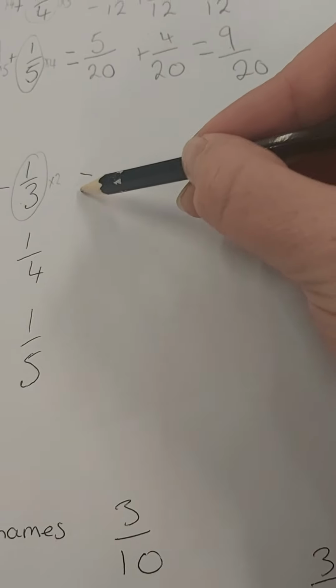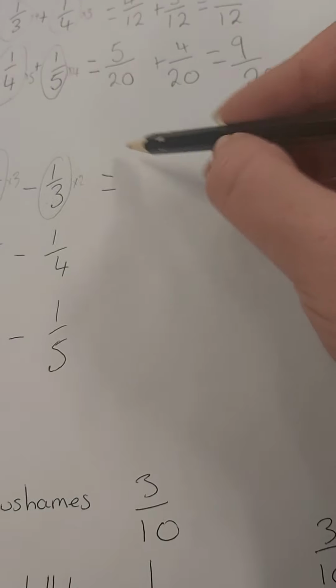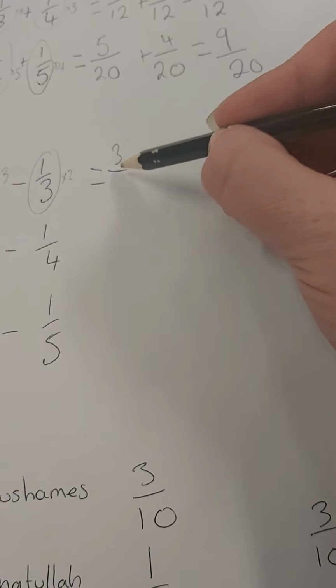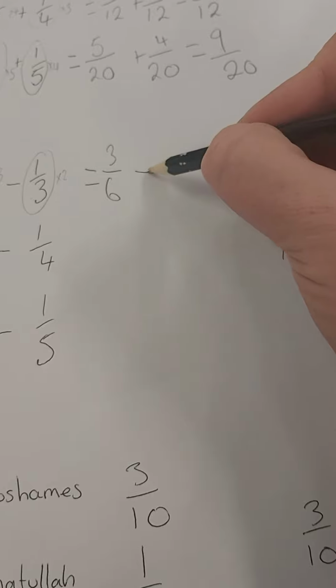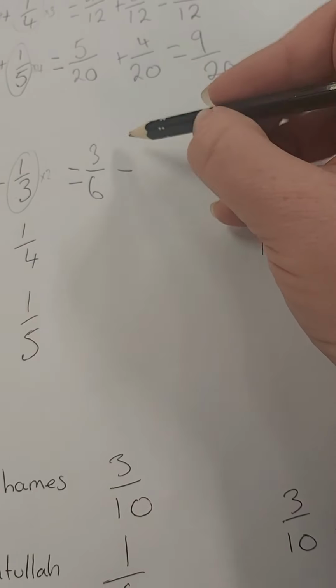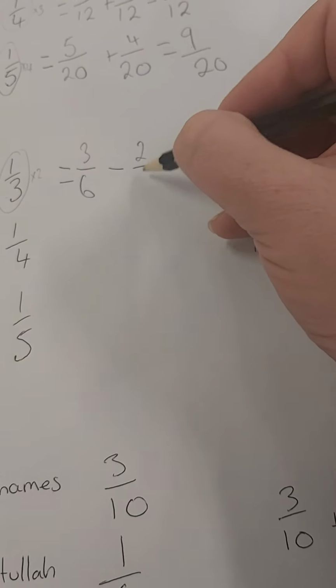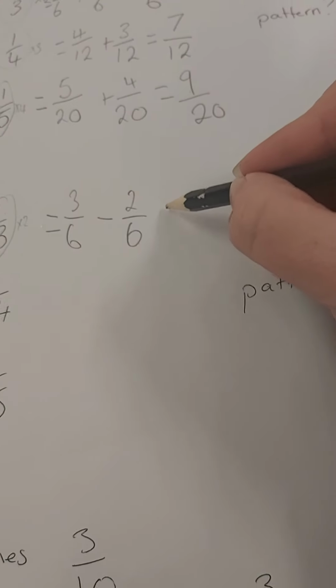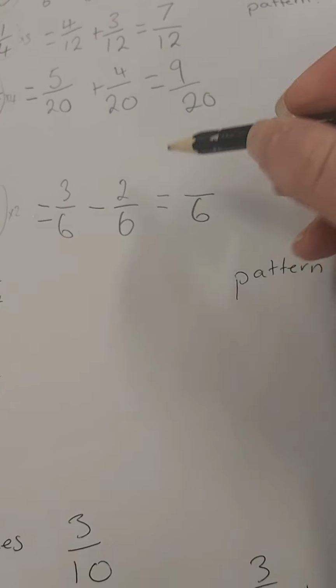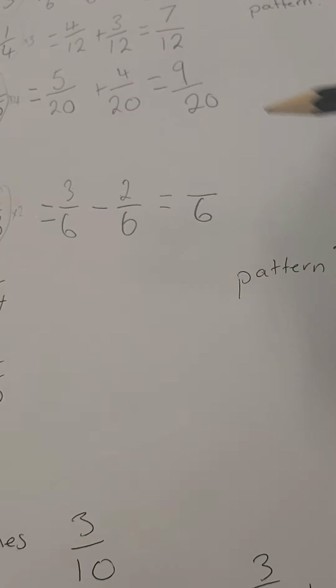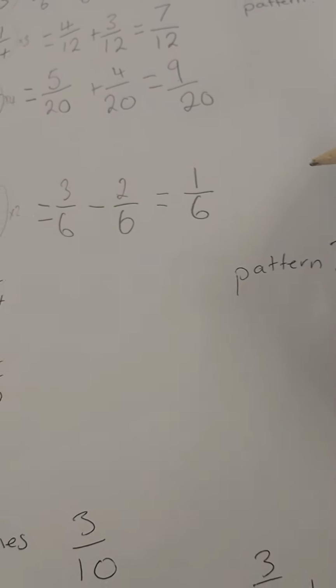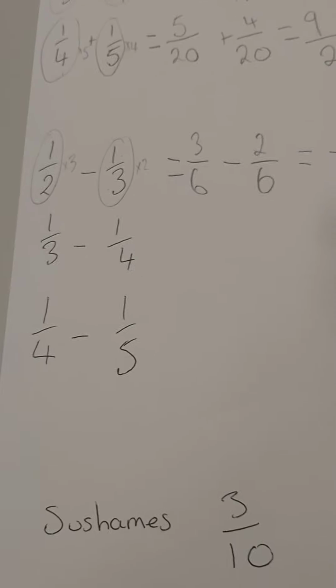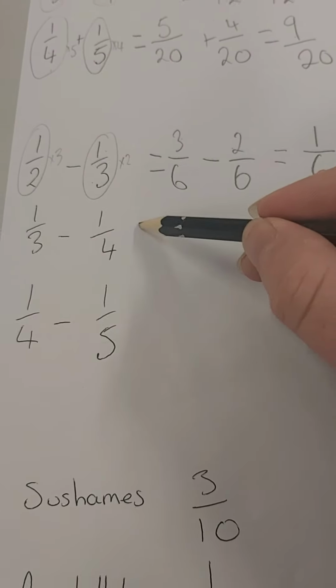So we're going to end up with 1 times 3 is 3, 2 times 3 is 6, minus 2 times 1 is 2, 2 times 3 is 6. All right? So we know our answer is going to be over 6. 3 take away 2 leaves me with 1. Okay, cool.